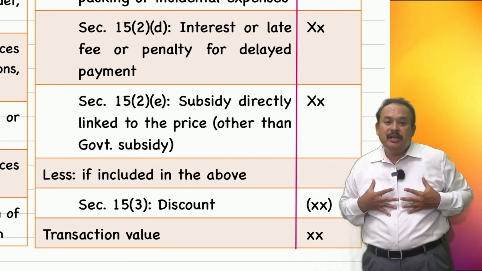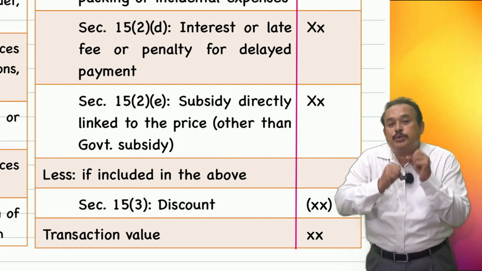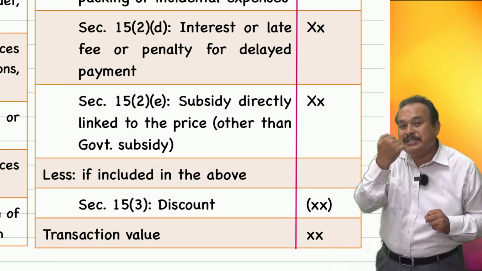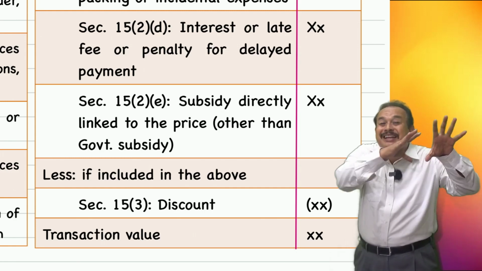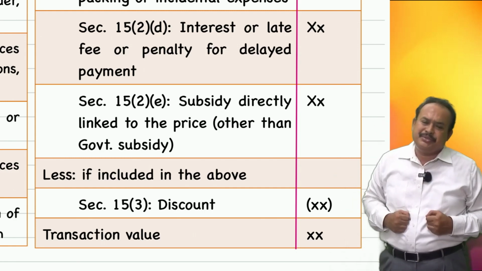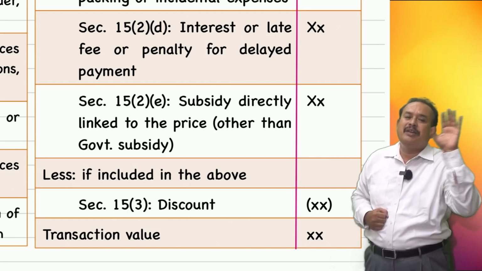The holding company is going to buy land worth 5 crores, and is giving me 1 crore incentive subsidy to buy the land. Land has nothing to do with my price of the product or service. Therefore, such a subsidy should not be added in the value of supply.